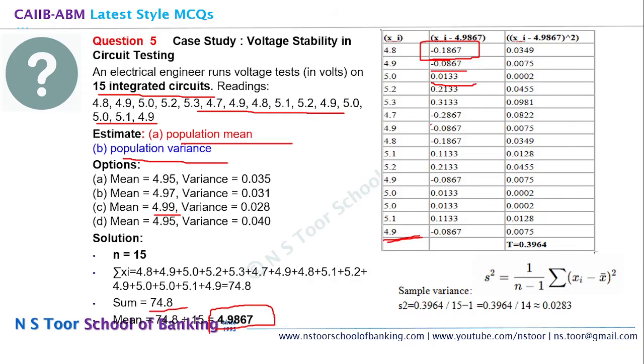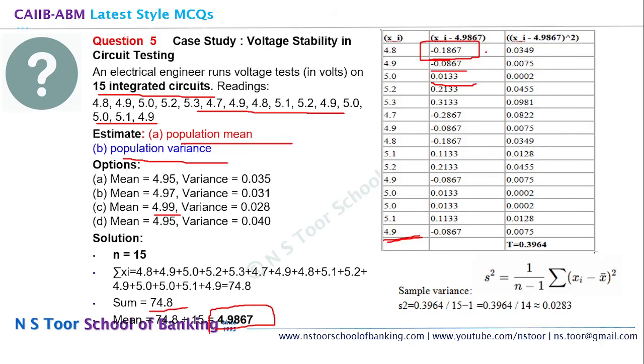In some cases, it will be minus. In some cases, this will be plus. Now we have to calculate the square of this, xi minus x bar square. How will we calculate? We have already calculated that 0.1867.